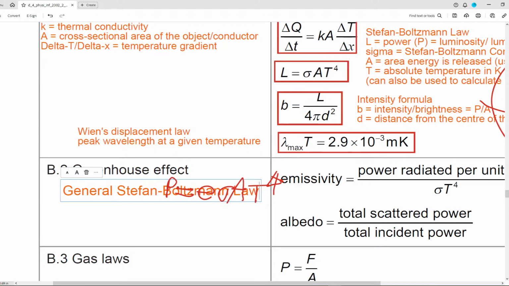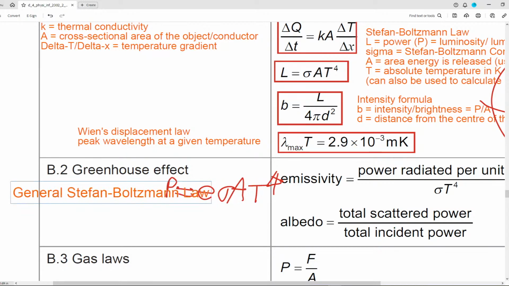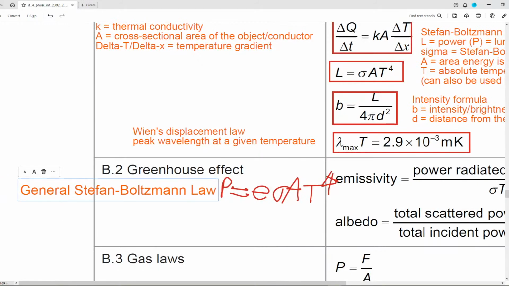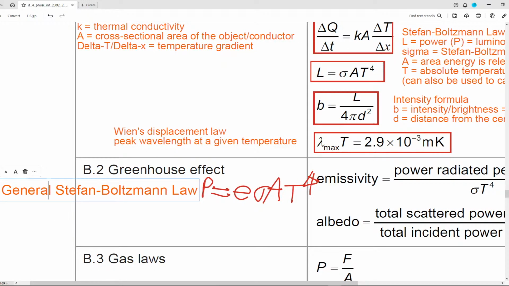What makes this really interesting is this means that an object, like Earth, could have a higher temperature than its radiated power indicates.